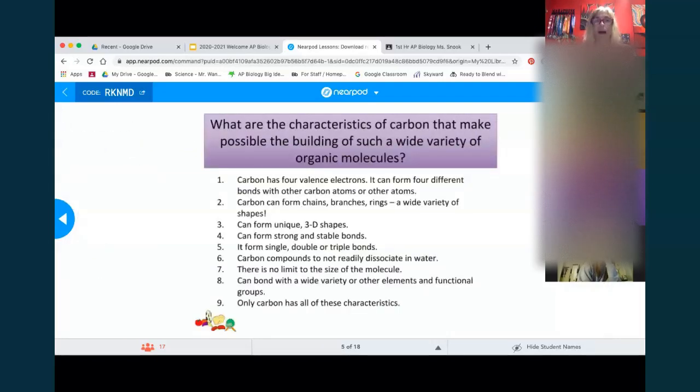Why is a carbon atom ideal for building molecules of life? Most of you have had chemistry in the past and you know about the valence electrons. The valence electrons are the outer shell, right? They're the available electrons for reactions. We want to fill the outer shell. The outer shell can have 8 and carbon has 4, which means it's very versatile with what atoms it can bond to.